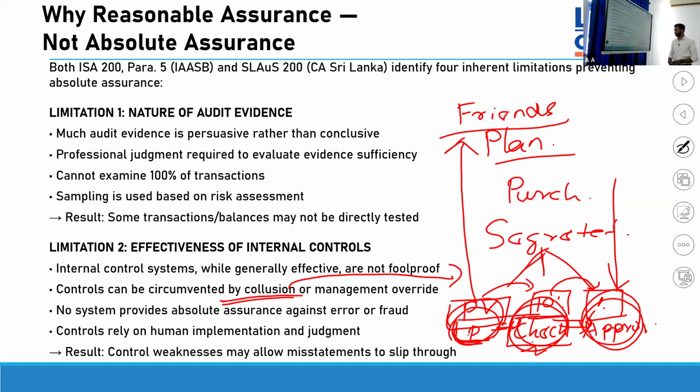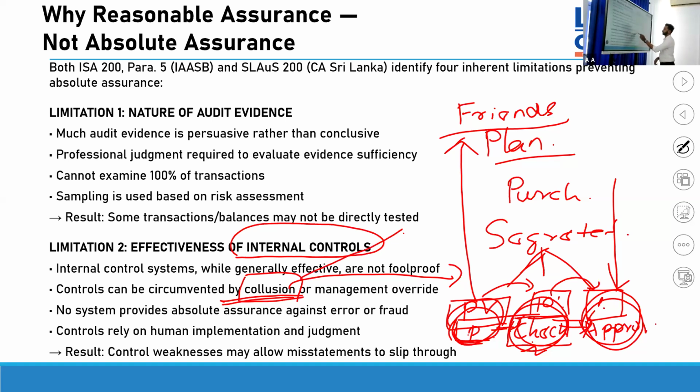In such a moment, even if that company has an internal control, effective internal control, they can commit a fraud, right? So that is the collusion.